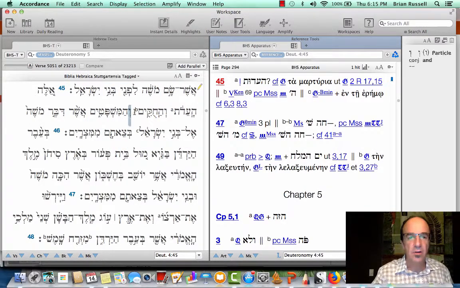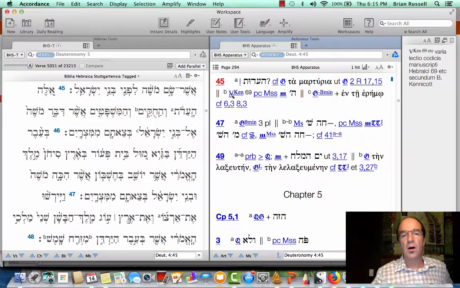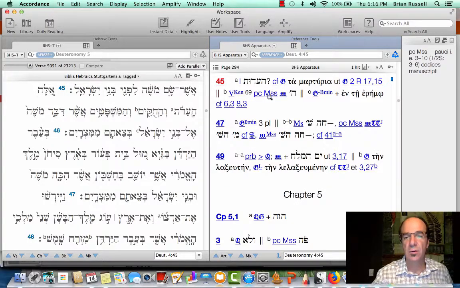Now, the second variant that we have here is based on a reference to some older edition of some medieval Hebrew manuscripts. And then it says a few medieval additional manuscripts, the Samaritan Pentateuch, and what they're doing, notice, instead of having the Vav on the front, it just begins with the Hey.